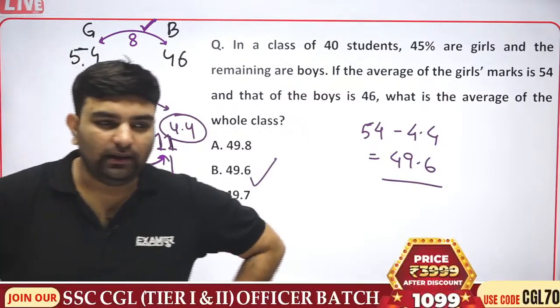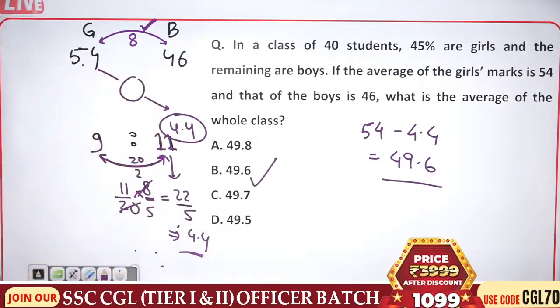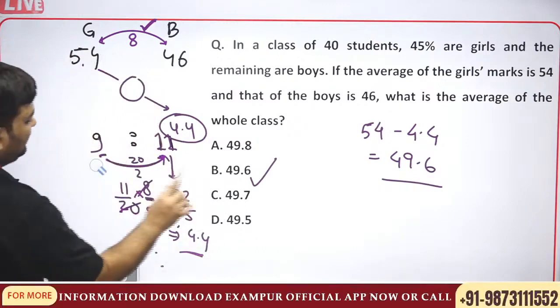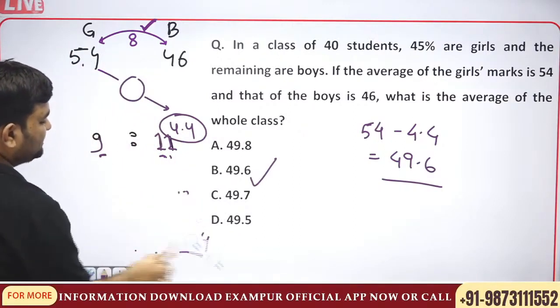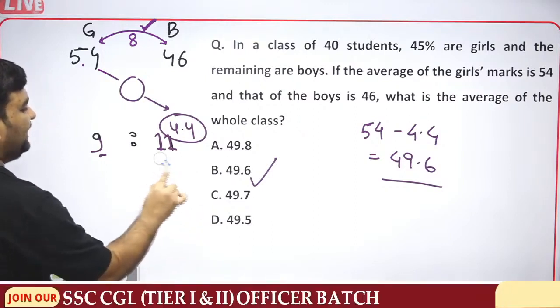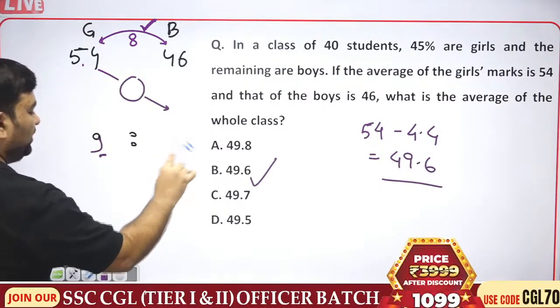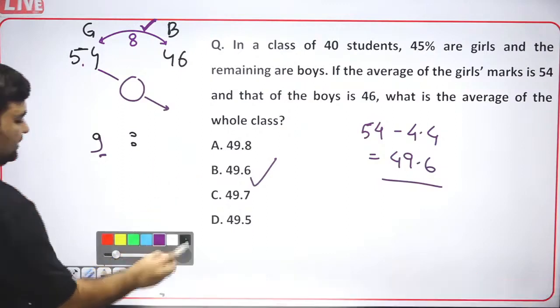Even Charlie has taken the smaller value, because with the smaller value there is always an addition.